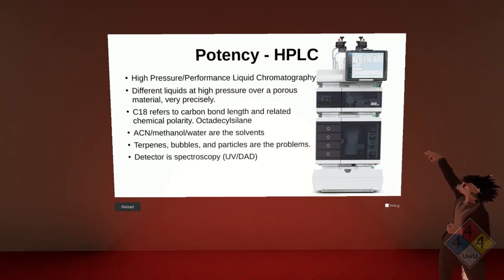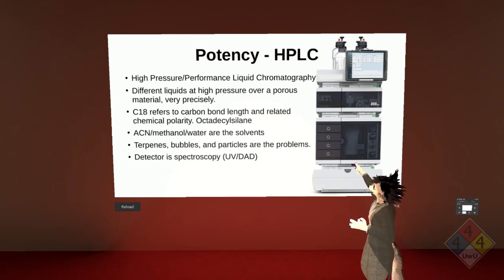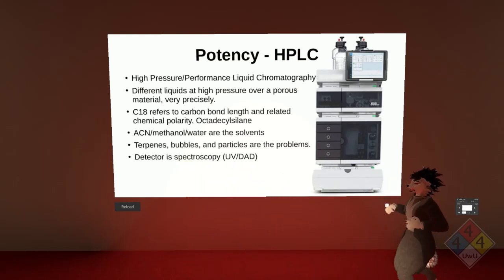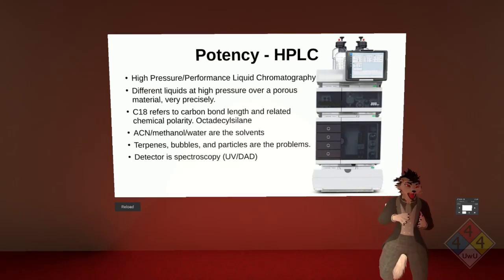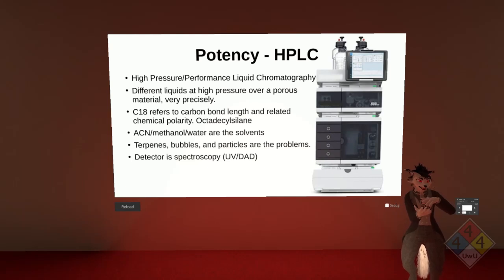So what we have here is our liquid sampler. The liquid sampler works off of, we talked about the porous columns, right? And we also want to talk about polarity and utilizations of solvents. So the main solvents here are ACN, which is acetonitrile, methanol, and water. The idea is that these are different polarities of solvents, from a little less polar to extremely polar, and you're putting material onto the absorbent column, right?